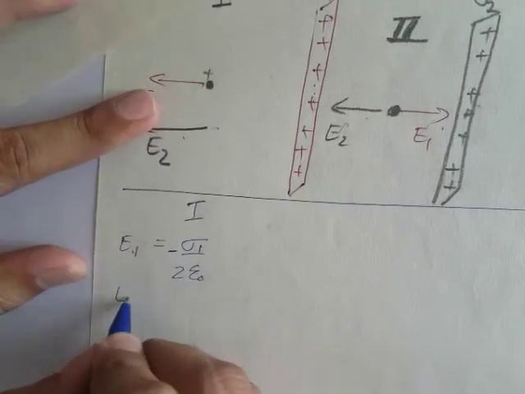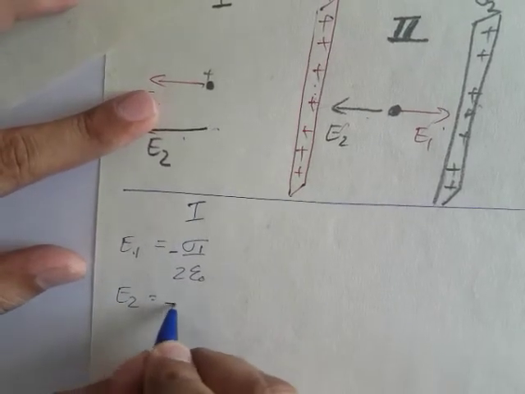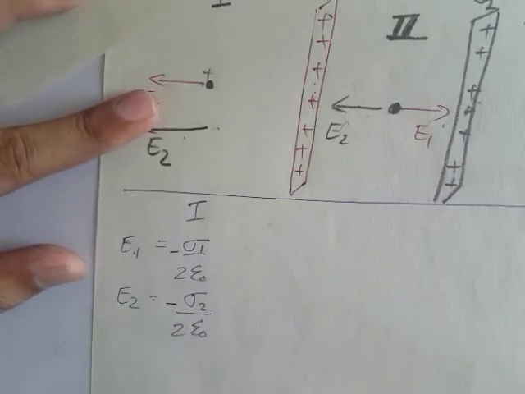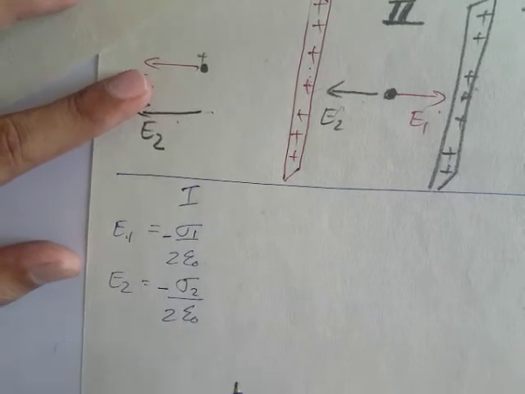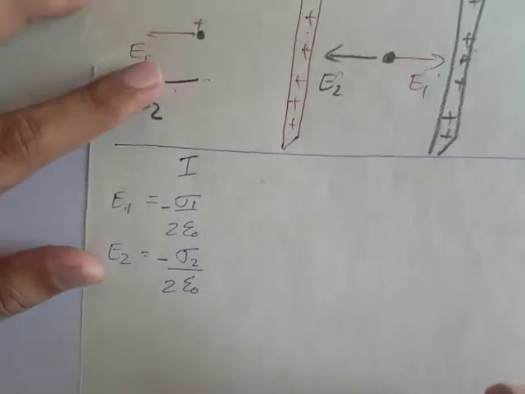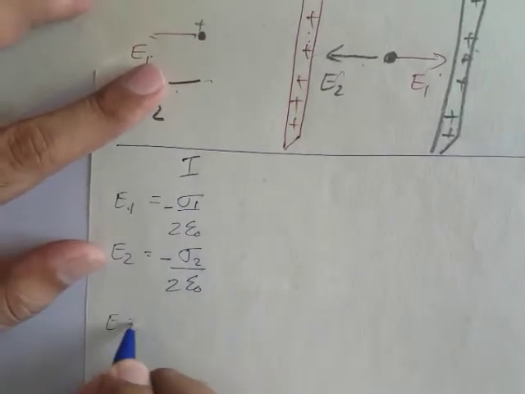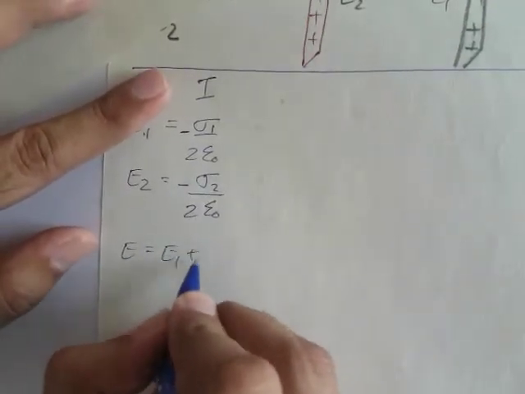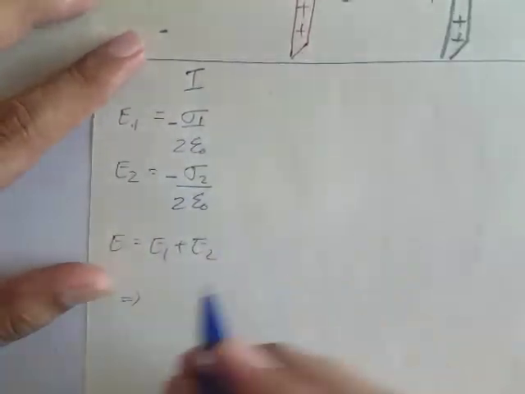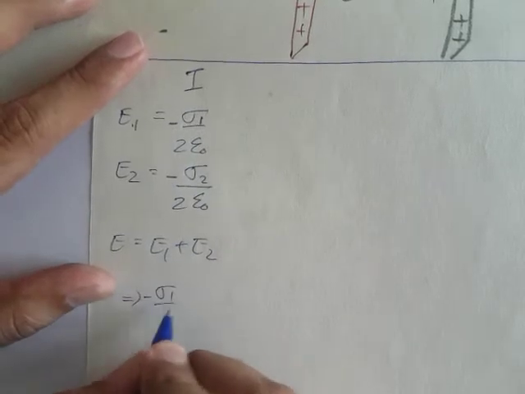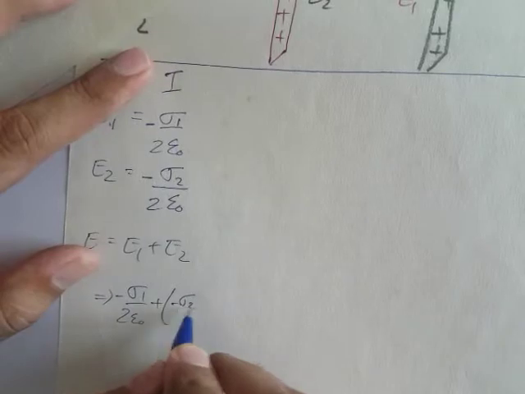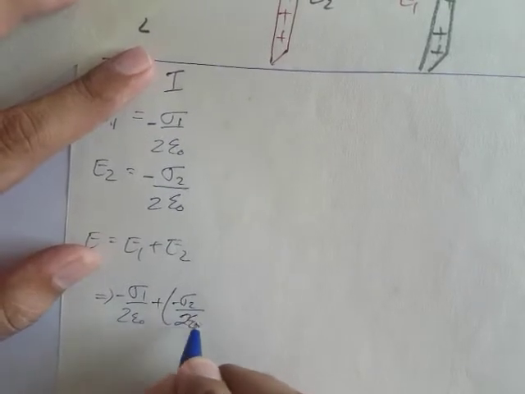Now E1 is in the opposite direction, so we write minus. In the same way for E2, it is minus, with charge density sigma 2 upon 2 epsilon naught. They are in the same direction. So we can write the principle of superposition, that is E equals E1 plus E2. Skipping steps, this is minus sigma 1 upon 2 epsilon naught plus minus sigma 2 upon 2 epsilon naught.